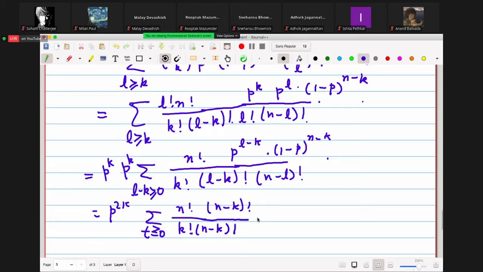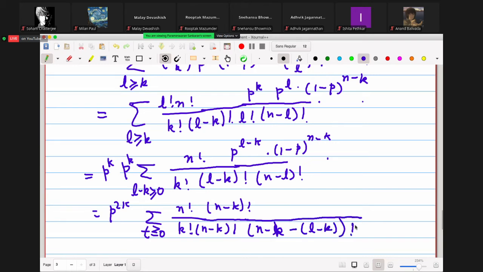All right. And then what I have here is (n minus L) factorial. Sorry, did I do this right? n minus k. Yeah, this is okay. (n minus k) factorial. (n minus L) I write as (n minus k) minus (L minus k), I think that is better.